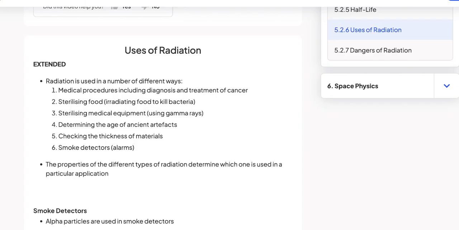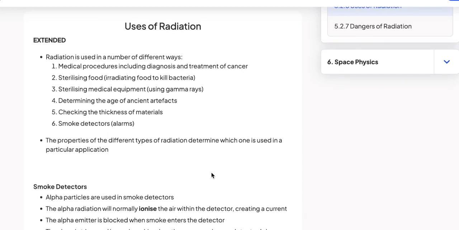This is one benefit of radioactive material. It can be used for dating the age of things that were buried a long time ago.